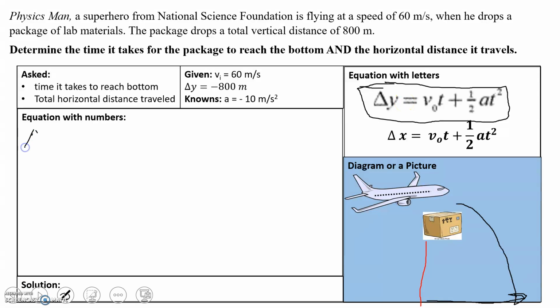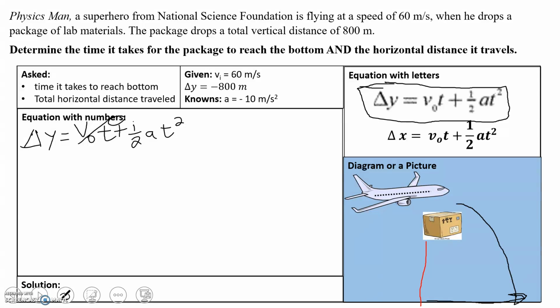So our equation to find time is delta y equals v0 t plus 1/2 a t squared. Now remember that we don't have any initial velocity in the y direction, so this is going to cancel out, and we are just left with 1/2 a t squared, right?